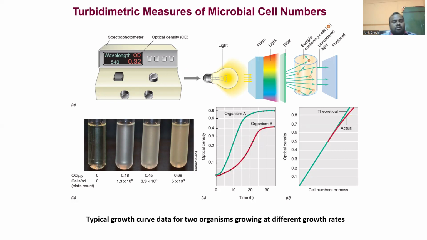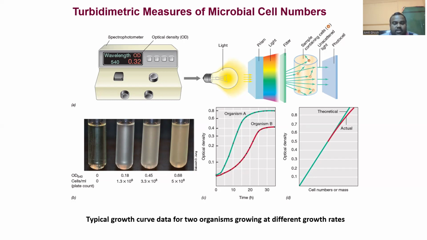Now we have learned how to count the colony and how to observe the colony, but we also need to measure bacterial cell growth, and that growth can be quantified by turbidimetric measurement, turbidity. This turbidimetric measurement can be done by an instrument.